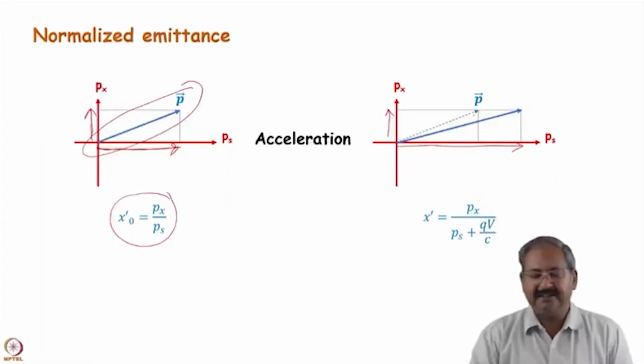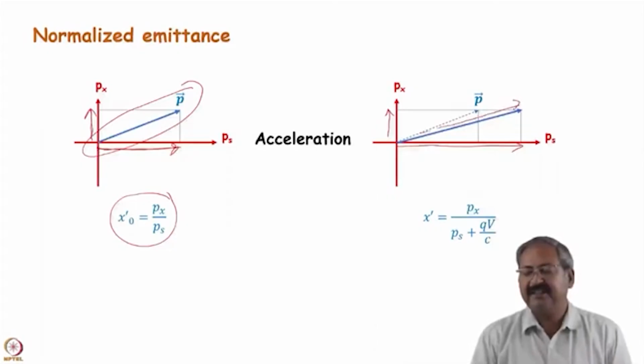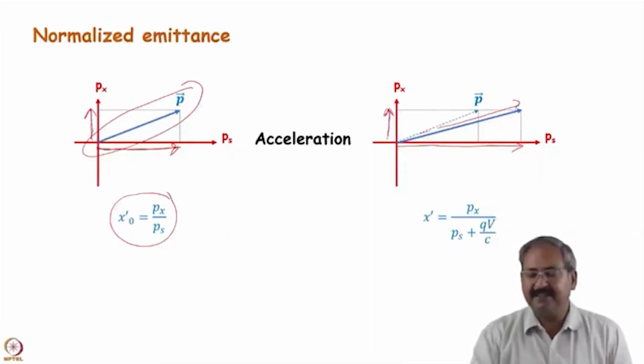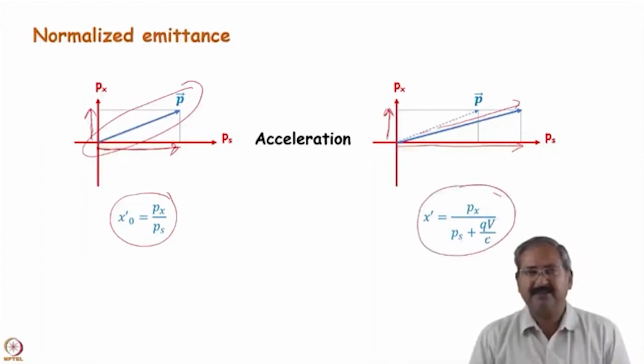And you can see the vector P has a larger magnitude because energy has been gained through the RF cavity, but Px remains the same. So now the angle of trajectory of this particle with respect to the design trajectory will be defined like this: Px by Ps plus delta Ps.